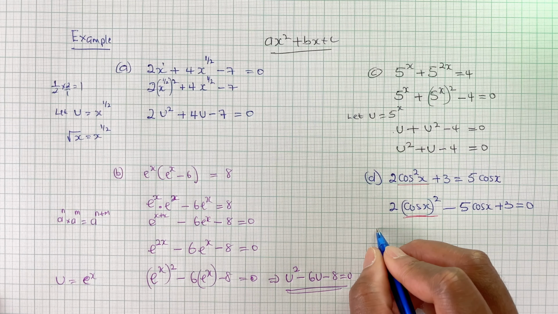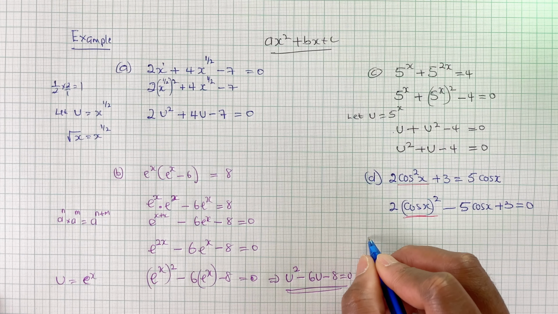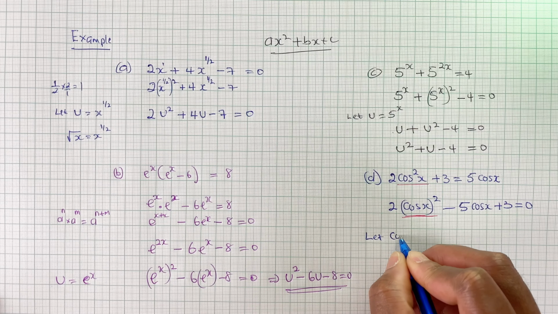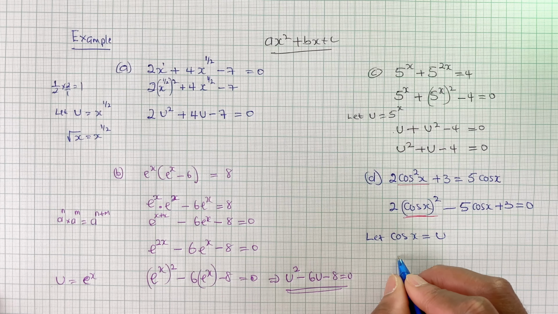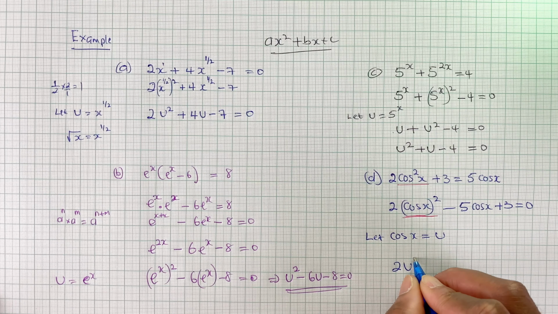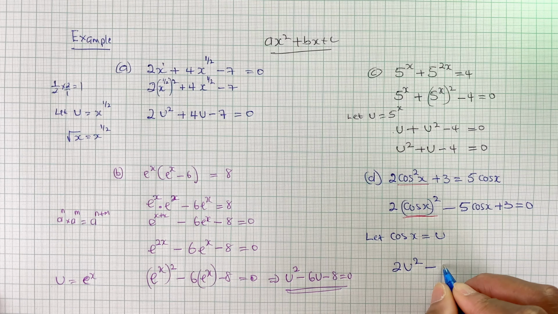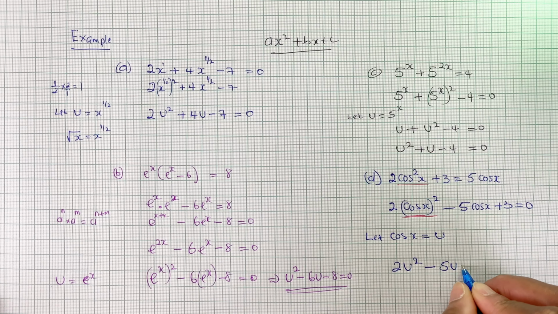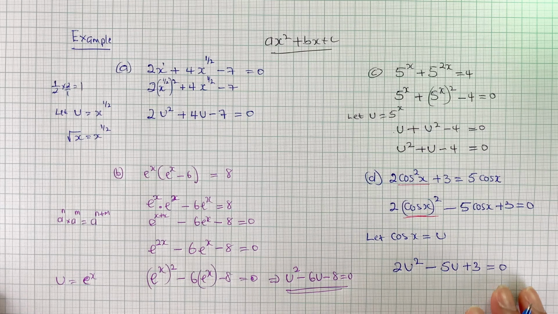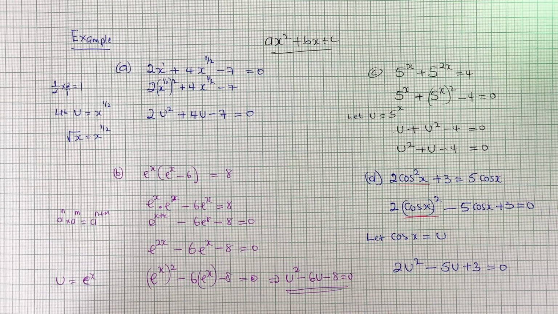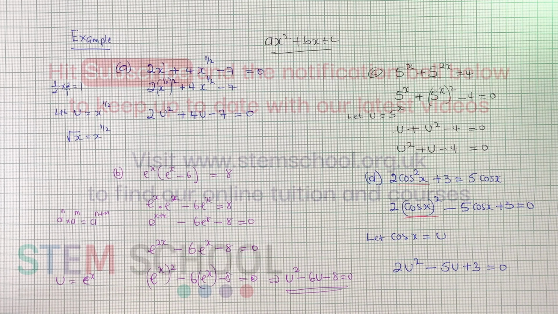In this case, we can say let cos x equal u. So then we have 2u squared minus 5u plus 3 equal to 0. So we can solve all this, and then we can find cos x. And that's how we solve those.